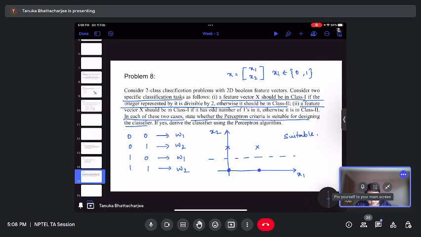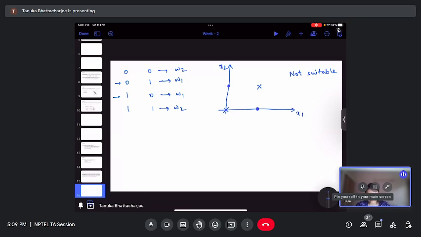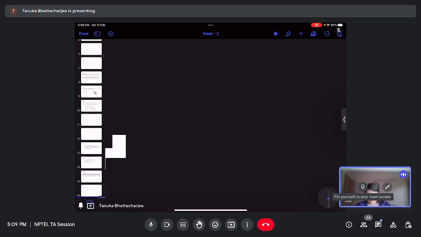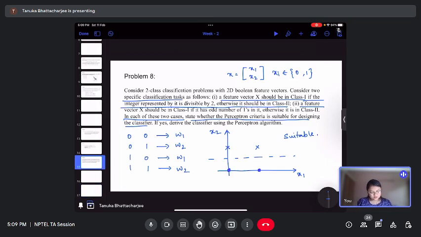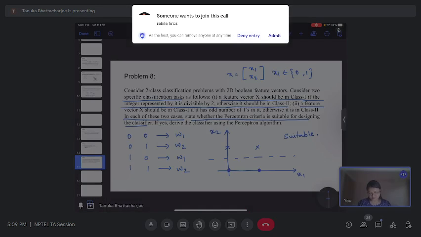Now, given that the last part of the question says if the perceptron criteria is suitable, then derive the classifier using the perceptron algorithm, let us do one exercise of how this perceptron algorithm goes to get the complete idea. So, here it was suitable for the first example, where 0 0 and 1 0 belong to the same class and 0 1 and 1 1 belong to the other class.